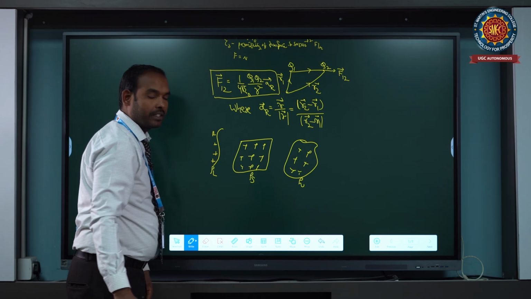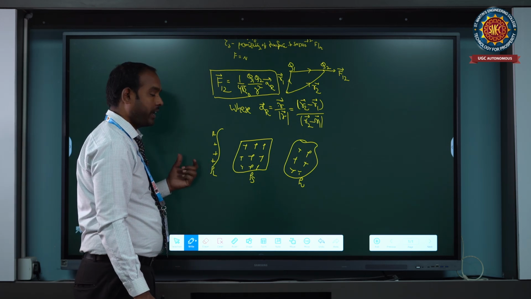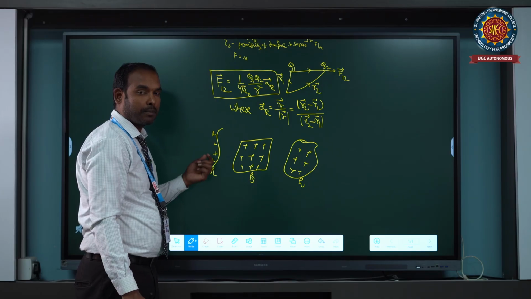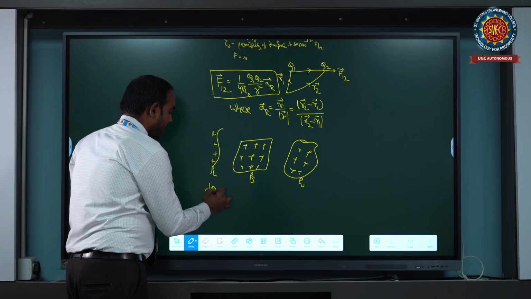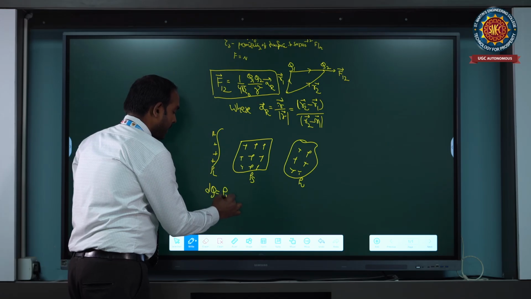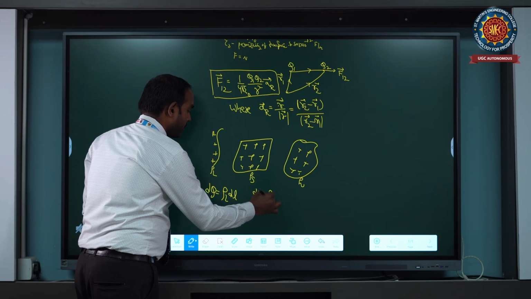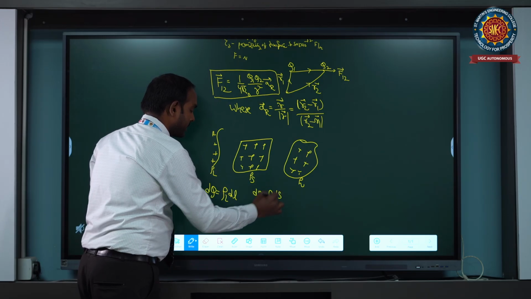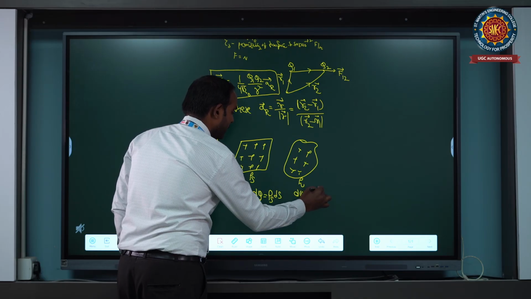So we define an elemental charge to find the electric field intensity at some point. The elemental charge due to a line charge is given by dq equals rho L dl, due to a surface charge dq equals rho S ds, and due to a volume charge dq equals rho V dV.